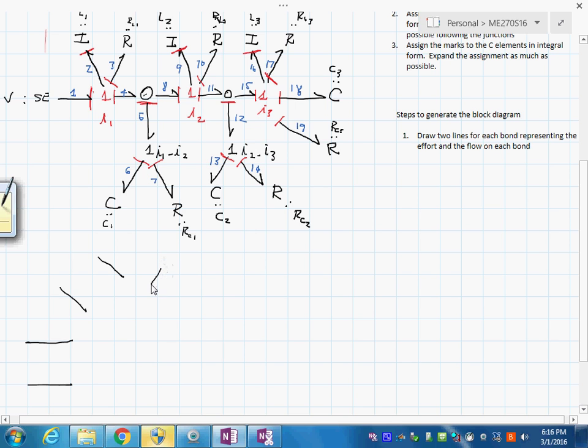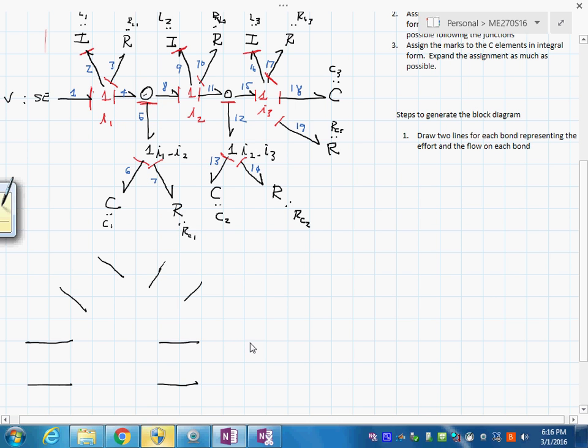See, so we need to put those in here, and generously with space so that we are able to put the signals and the names and everything. So far we are right here, this one.